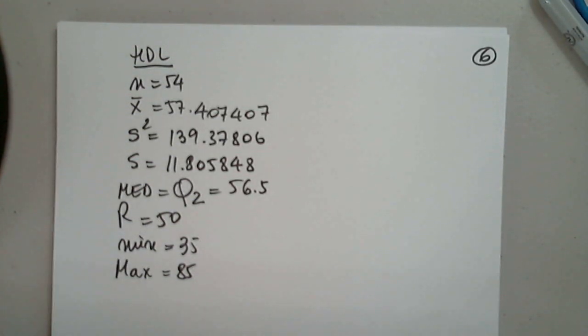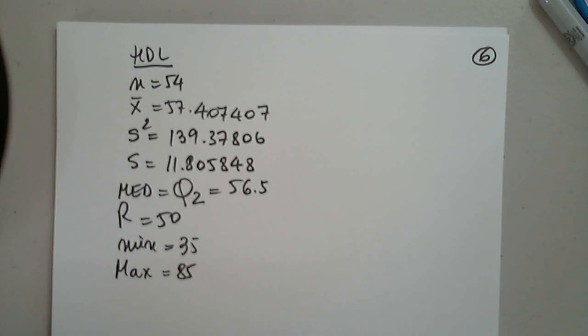Let me see what if I click both? No, it doesn't allow me to. Okay. The minimum was 35 and the maximum was 85, so I'm going to say start at 30. The range was 50, so I'm going to say the range 50, 10 classes, that would be okay.